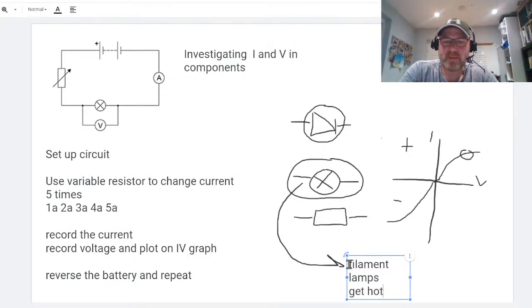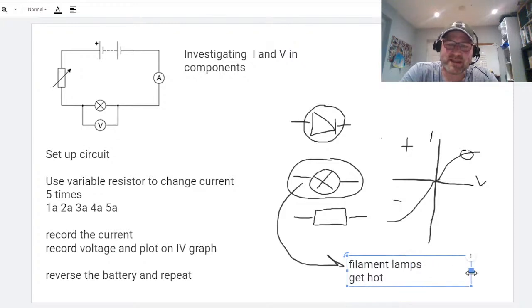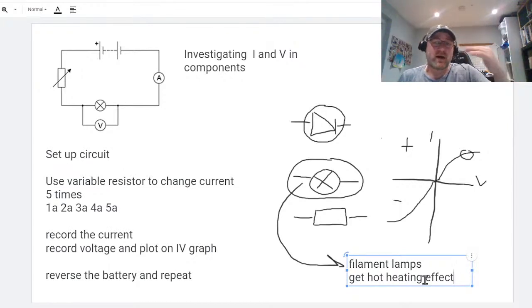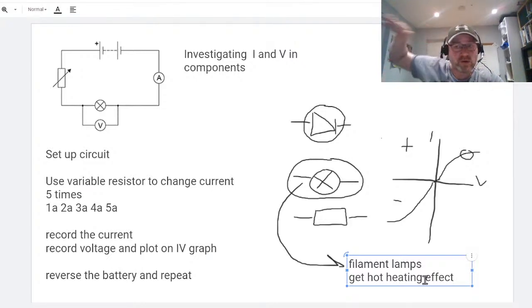They heat up, and when they heat up, resistance increases, and that stops the current increasing. You can call this the heating effect. It's due to the positive metal ions and electrons colliding, releasing heat, which increases the resistance and makes it harder for current to flow. That's what causes that S shape, where the voltage is still going up but the current's not going up anymore.